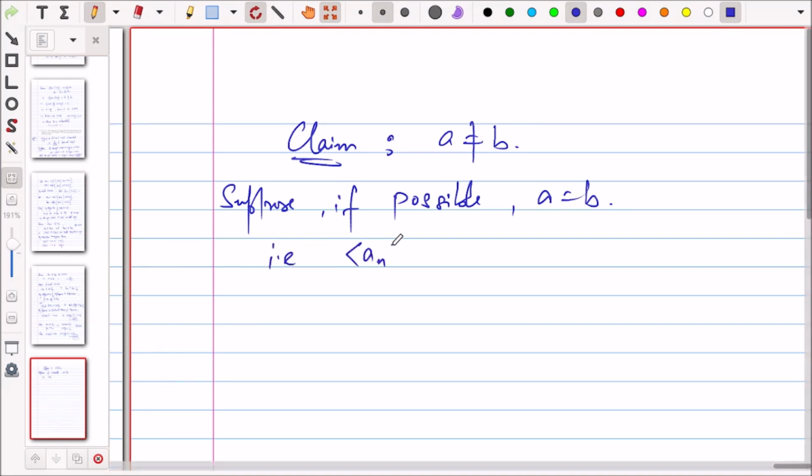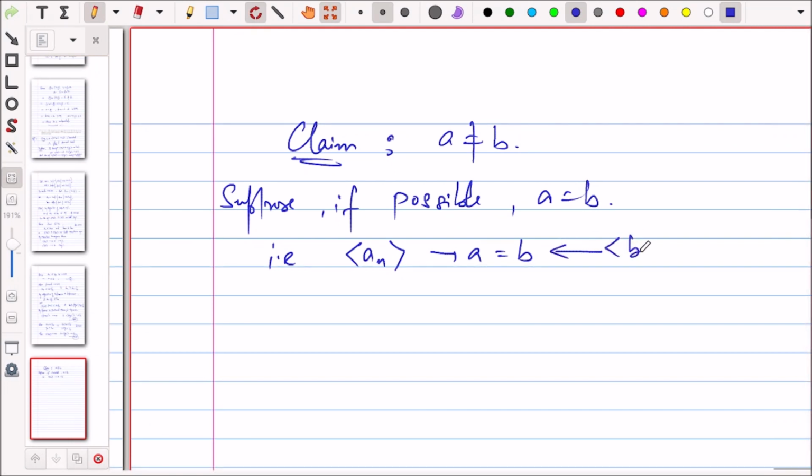So that is, an is converging to a which is equal to b, and so bn is converging to this, right? So both are converging to the same limit. An is converging to a and bn is also converging to a.